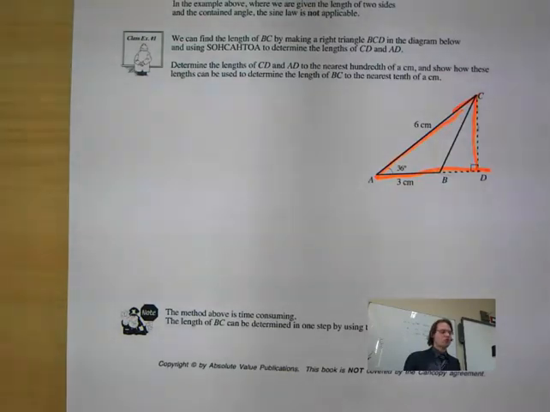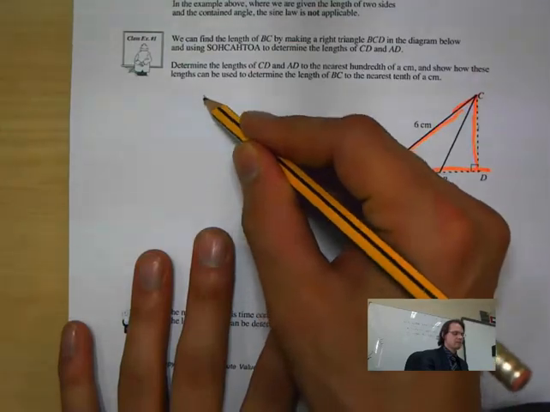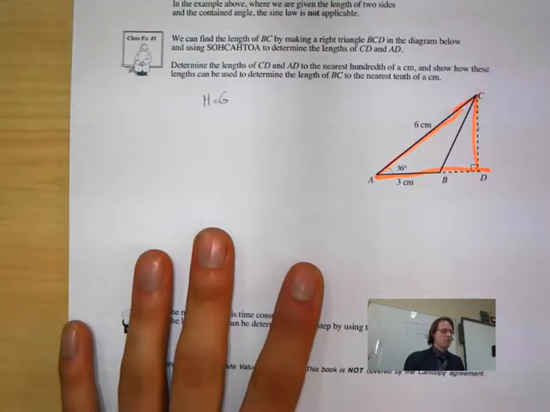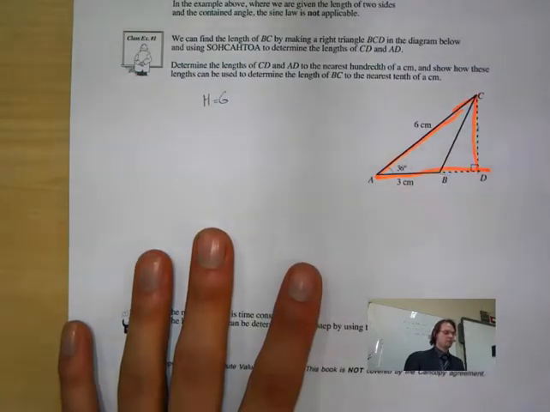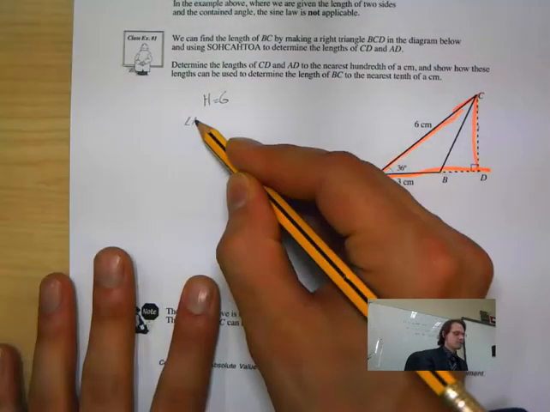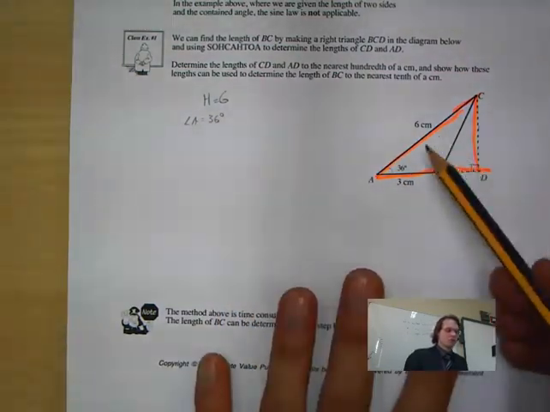Now with that right angle triangle, we know the hypotenuse is 6. We know angle 36. But we don't know the rest.